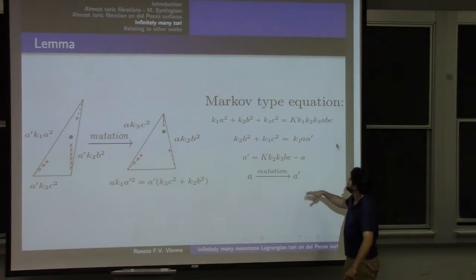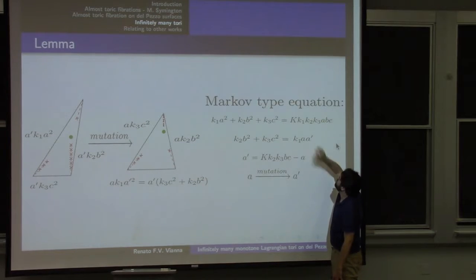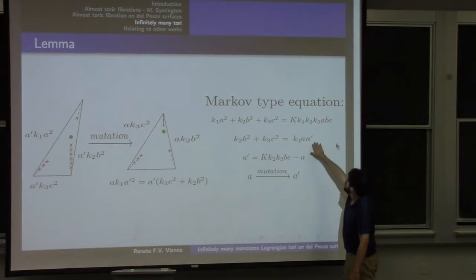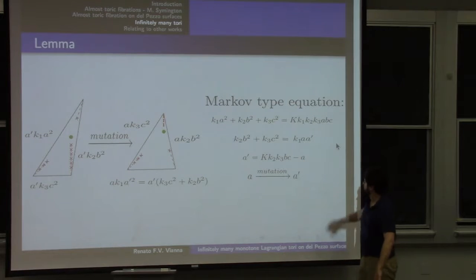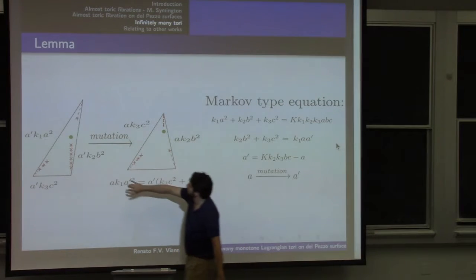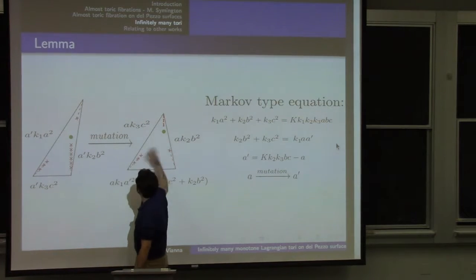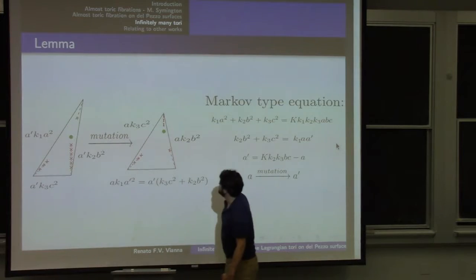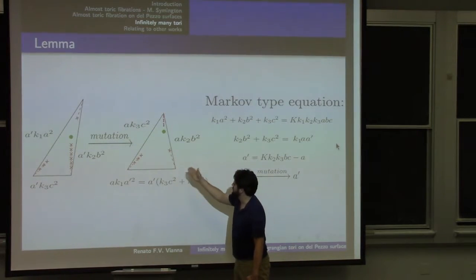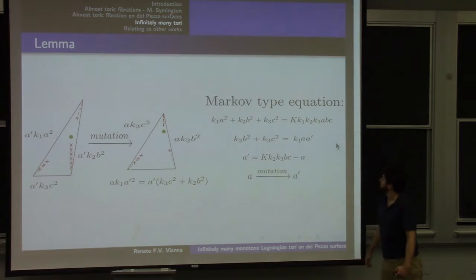If the affine lengths of the edges satisfy these more general Markov type equations, you have a notion of doing a mutation on the solutions of these equations. If you mutate all the nodes, pass through the central fiber, and redraw the picture, the next mutation will correspond to this mutation on the Markov type equations.